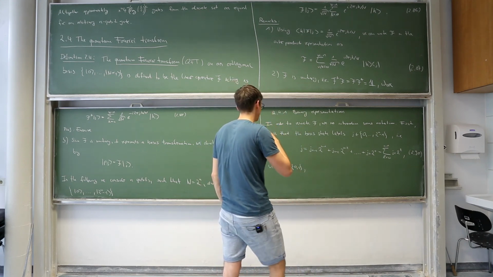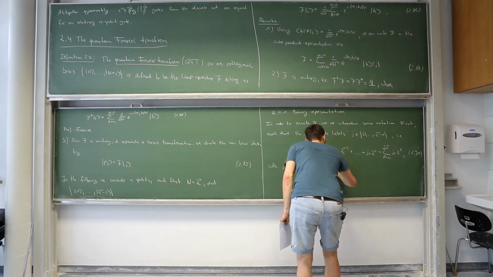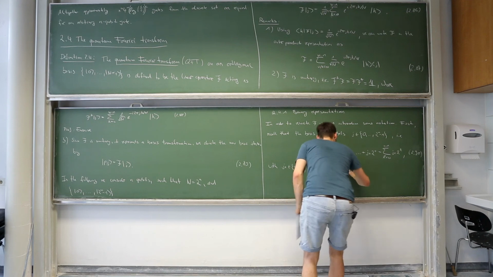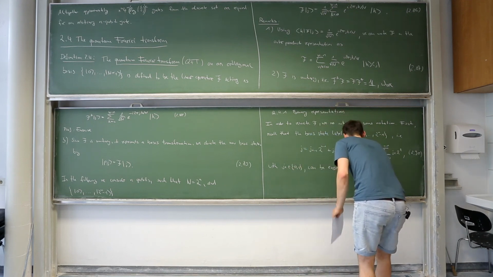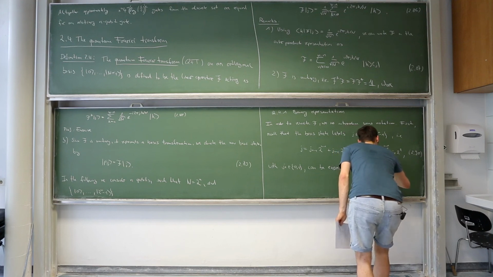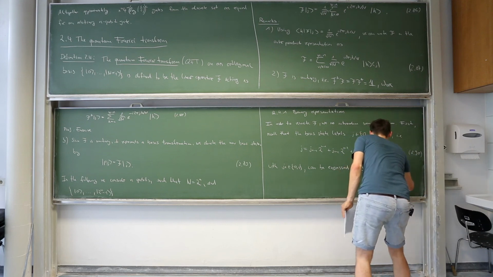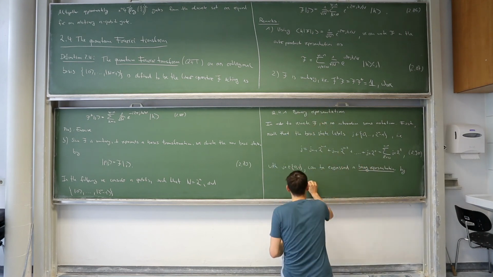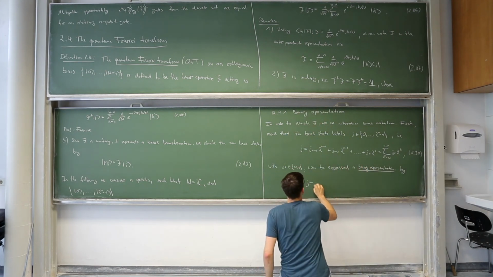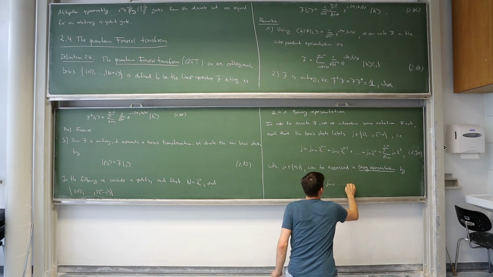Basis state labels can be expressed in binary representation by j is equal to these coefficients j_{n-1}, j_{n-2} to j_0.